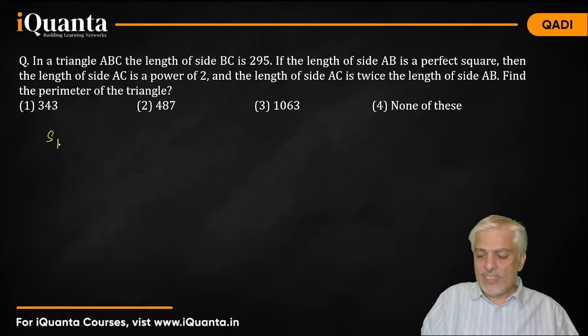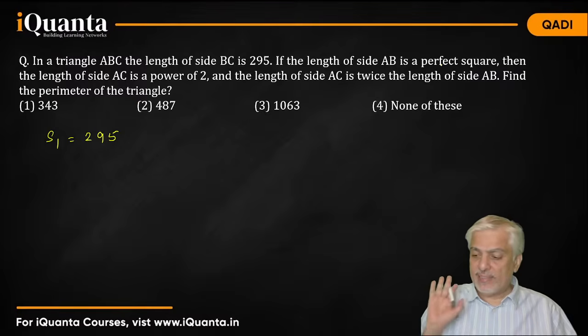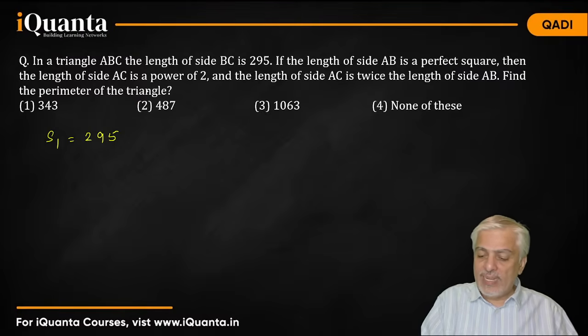So one side is 295. Length of AB is a perfect square. वो important है, याद रखेंगे, end में लेंगे उसको. And AC is a power of 2. So ये BC है. AC is a power of 2.